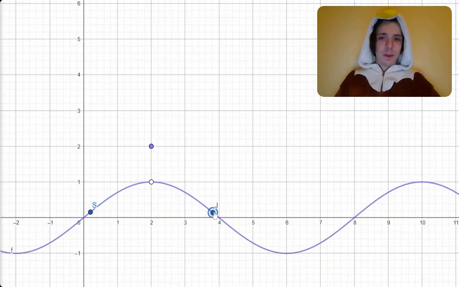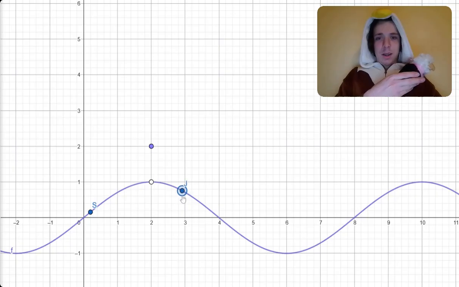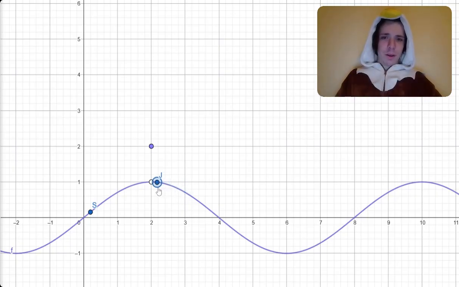Now let's look at another example. We have this function, and we want to know what happens near x equals 2. The limit from the right, that's Jackie flying up there and getting really close to y equals 1.